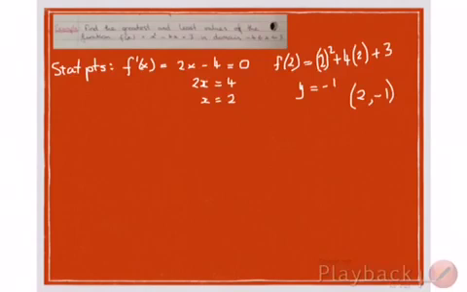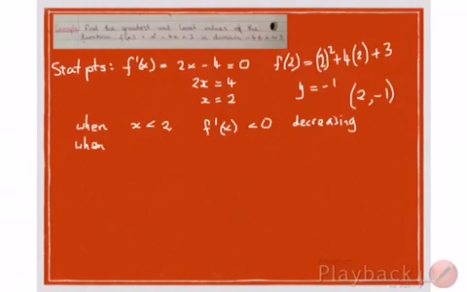Just to decide whether it's a local minimum or a local maximum, I'm going to look at either side of my x coordinate like we've already practiced using the table. So when x is less than 2, if I plugged in any value less than 2, I would get a gradient of less than 0, which means at that point it's decreasing. So once my function is to the left of 2, it's going to be decreasing.